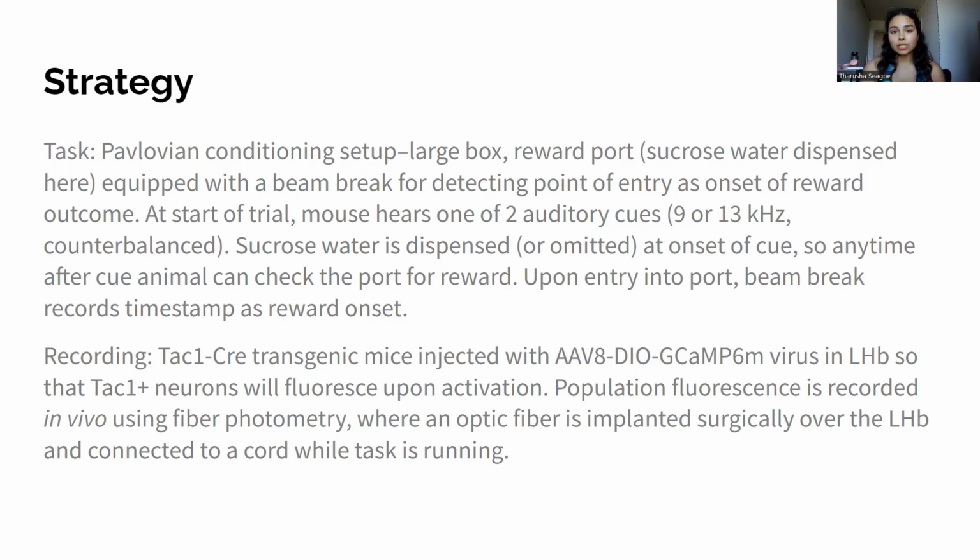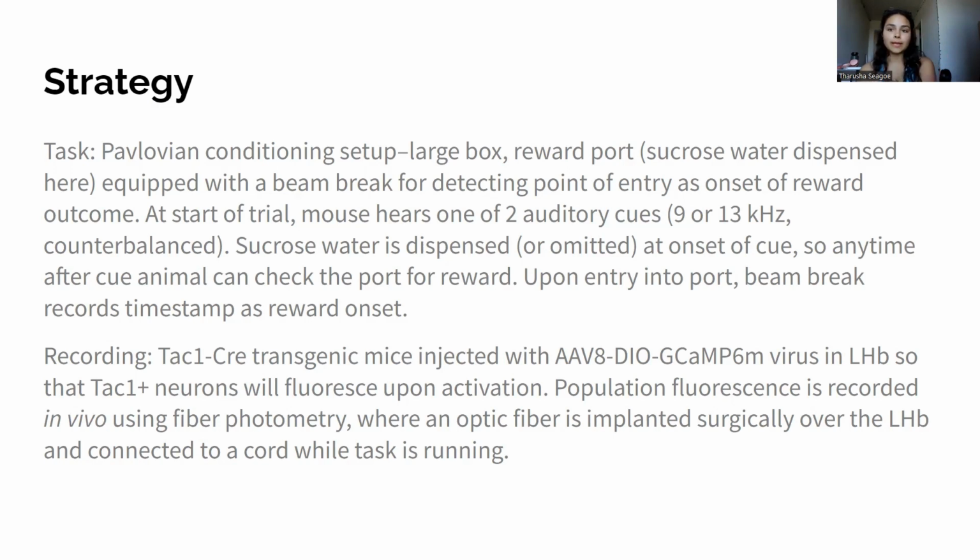And as for recording specifically from these Tac1 neurons, we use a strategy called fiber photometry, and we also use a Cre system to only target Tac1 neurons. Essentially, we have transgenic mice in which any neurons that express Tac1 will also express Cre.